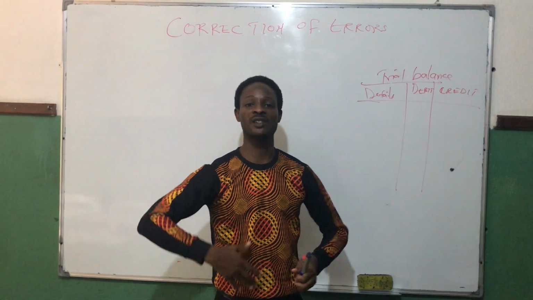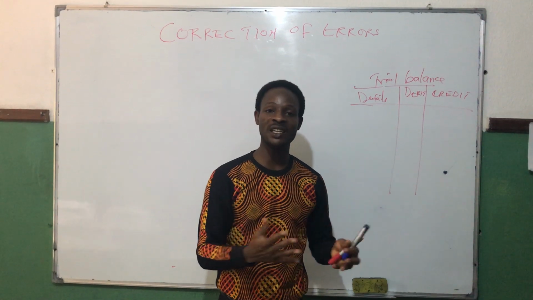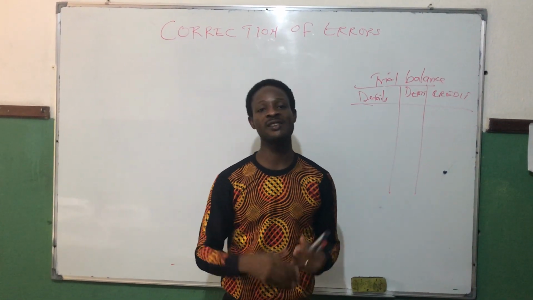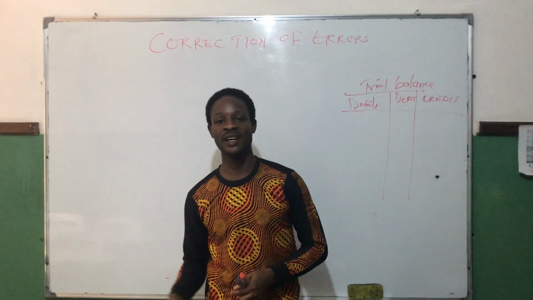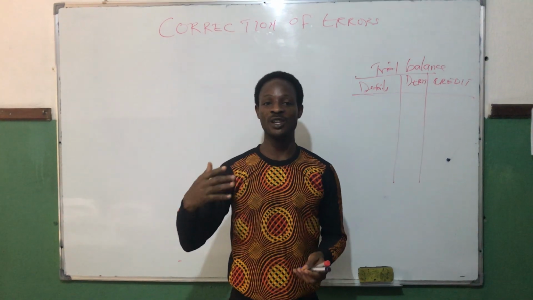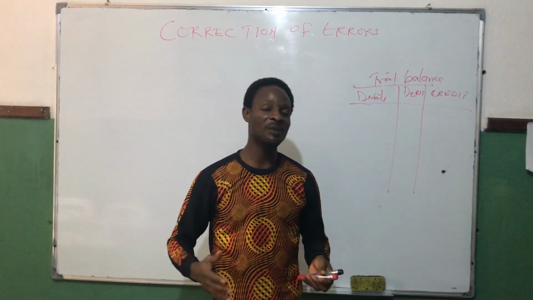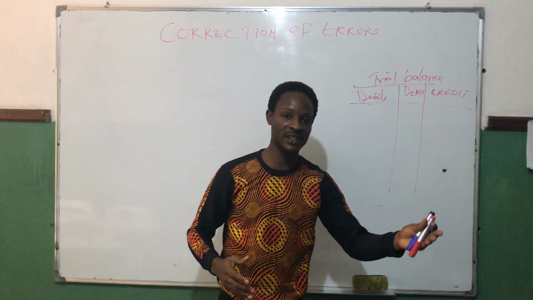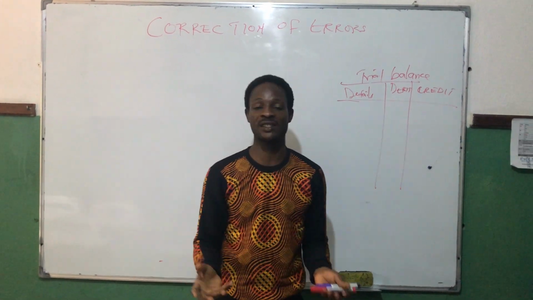Error of commission is committing a transaction to a customer or a supplier who has a similar name to another customer or supplier. For instance, if a firm sold goods to ABC Enterprise and it was recorded in ABZ Enterprise, that is an error of commission, committing ABC's transaction to ABZ because the names are quite similar.